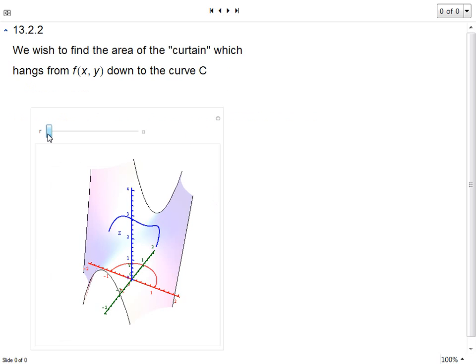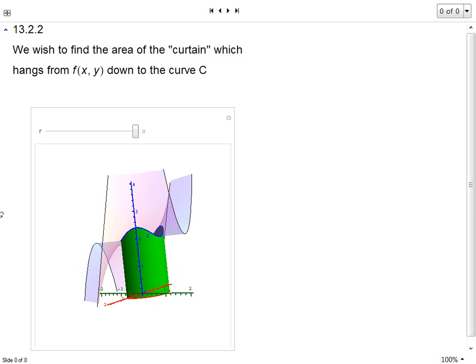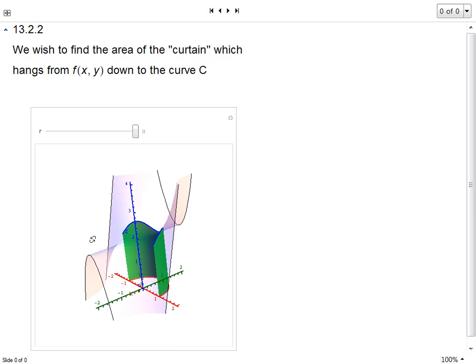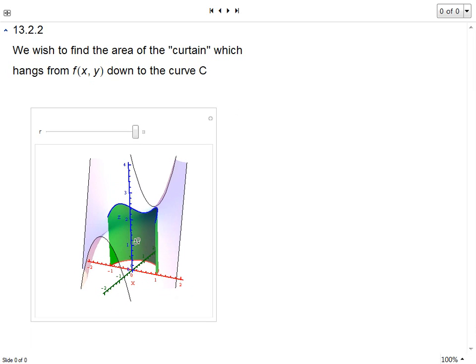If we take that and we drop the curtain from the top of that curve down to the ground, then you create that wall there, and that curtain has an area to it, doesn't it? And we want to know the area of that. Or we would like to, right?